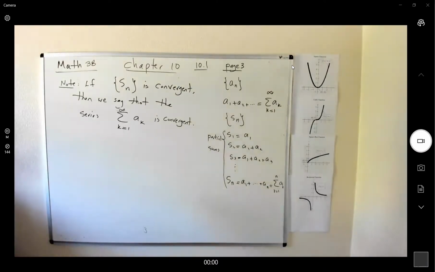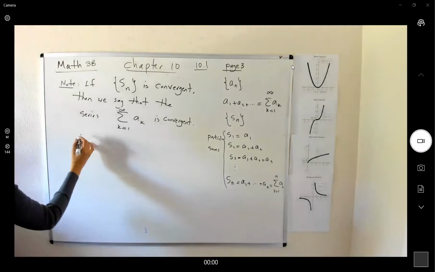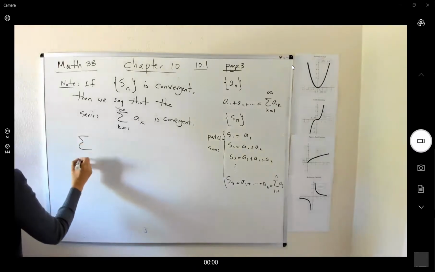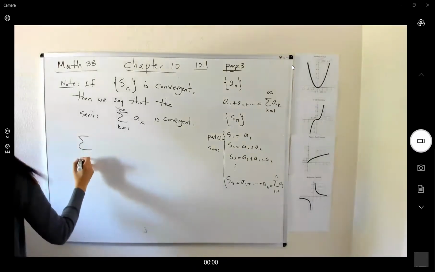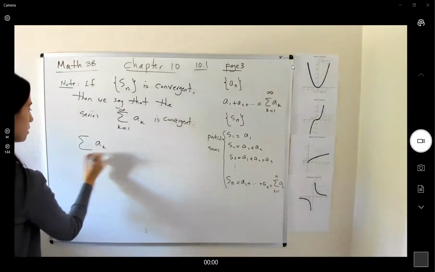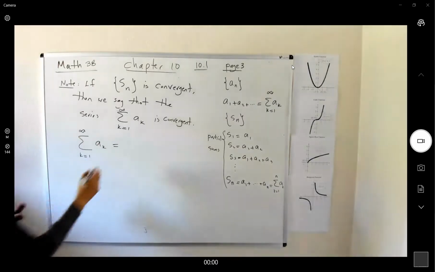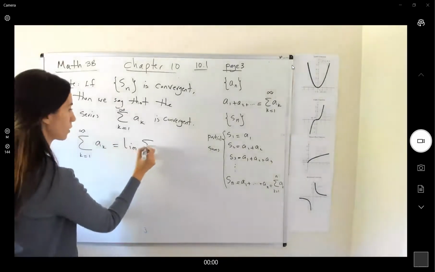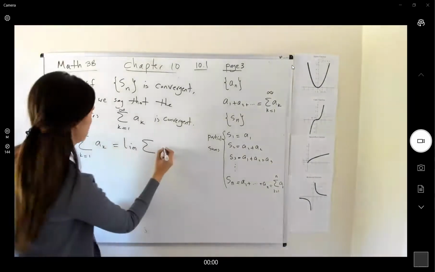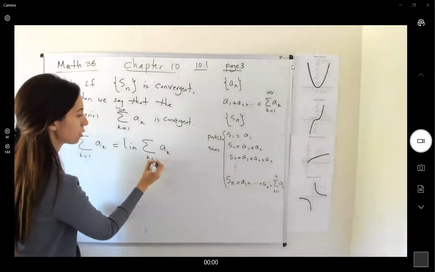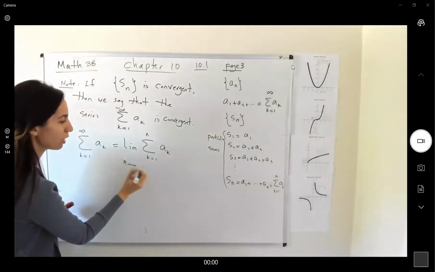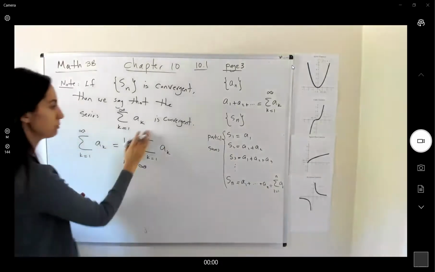So in this case, you say that the infinite series sum of a sub k, k starts from 1 to infinity, is actually the limit of the sum of a sub k, k from 1 to n, while n goes to infinity.